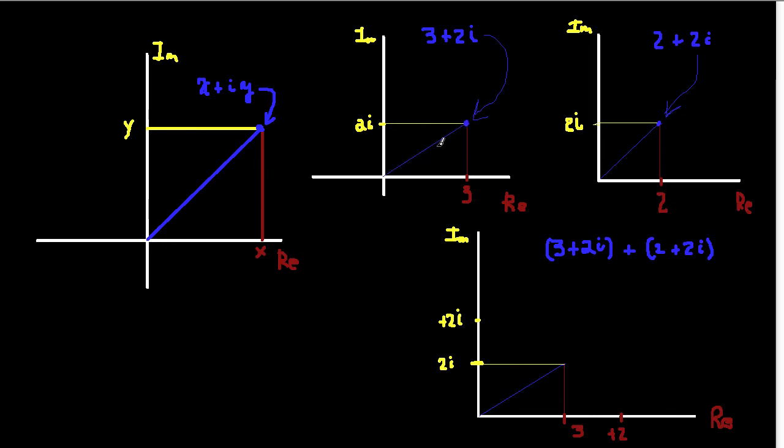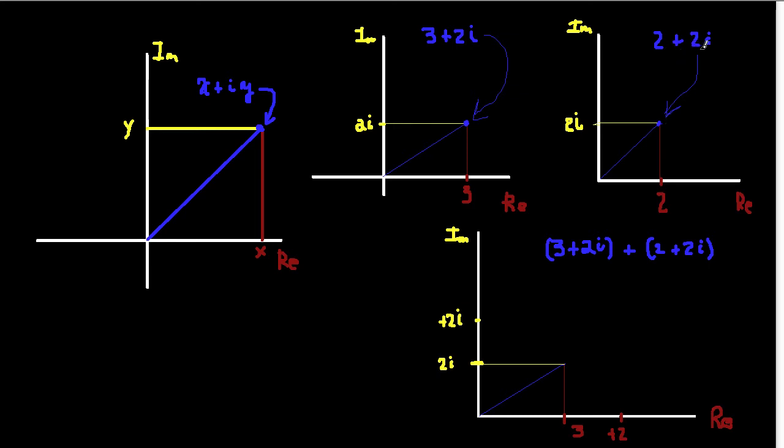Here we have the blue line also representing that number, going from the origin out to the number itself. We can do the same thing with the number 2 plus 2i. We go out on the horizontal axis 2, and up on the vertical axis 2 to represent the 2i. So this is our number 2 plus 2i.